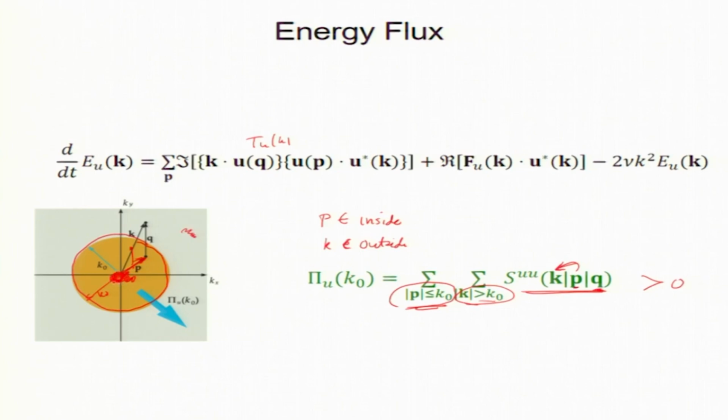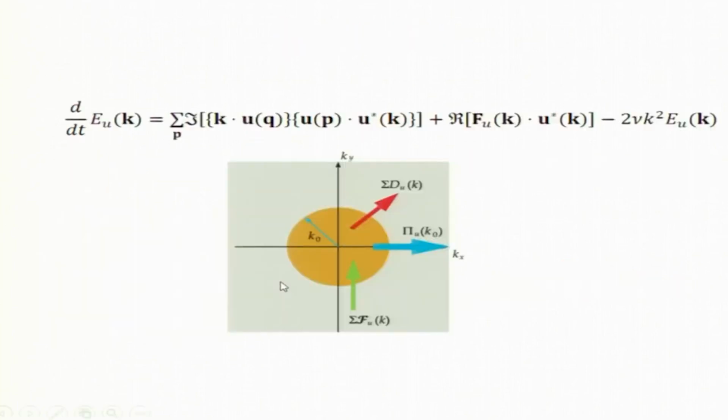I am not proving it; this is not the objective of this course. I will show by field theory that this will indeed be positive, but I will not prove it by Kolmogorov theory. Kolmogorov showed this in his 1941 paper. That is by the nonlinear term, but this equation has other terms, the force injection and the dissipation.